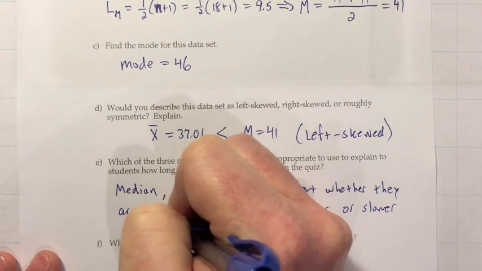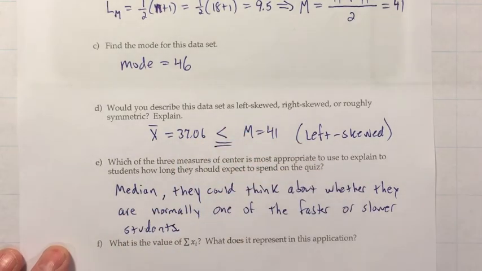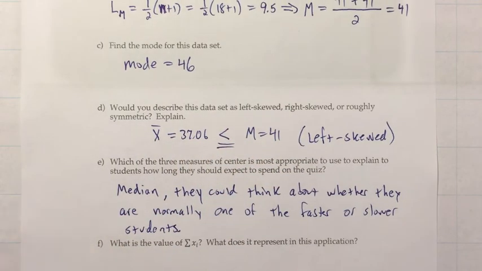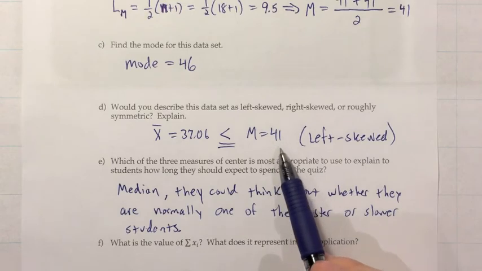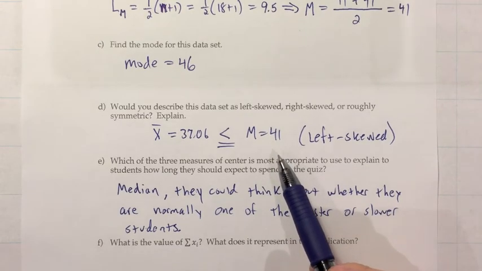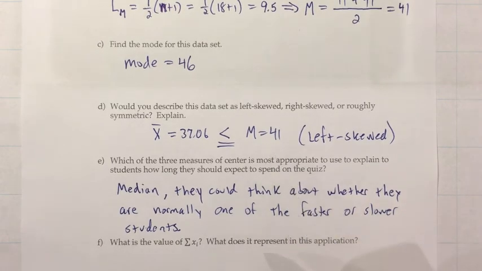Right, I think students should have a sense of that because they've taken tests in class with other people, and they know if they're usually one of the first ones done or one of the last ones done, or kind of in the middle. So if they're kind of near the middle, they would probably take about 41 minutes. If they're usually one of the first to go, it's going to be less than that. If they're usually one of the last to go, it's going to be longer than that.